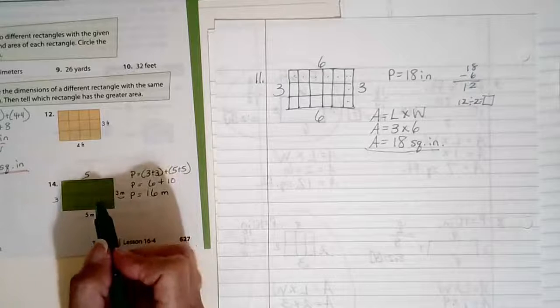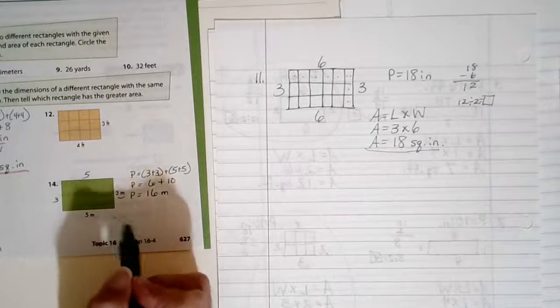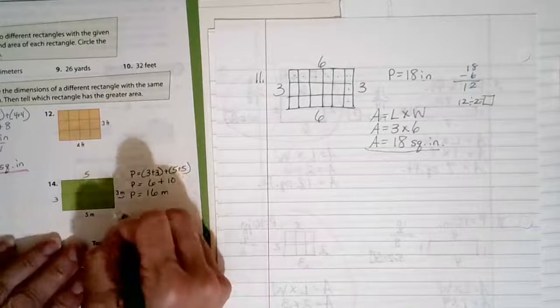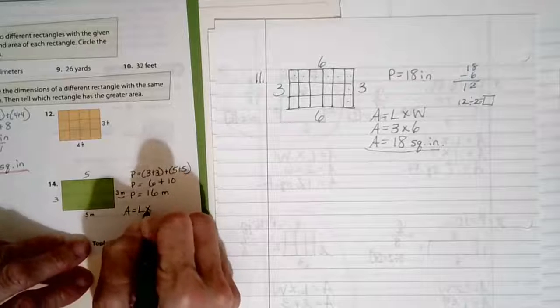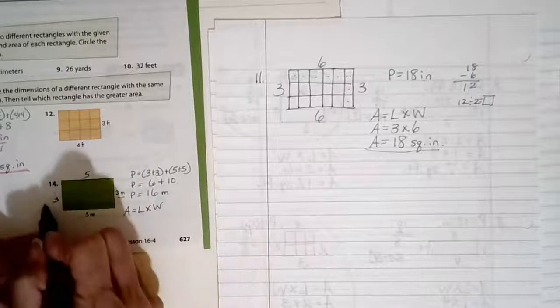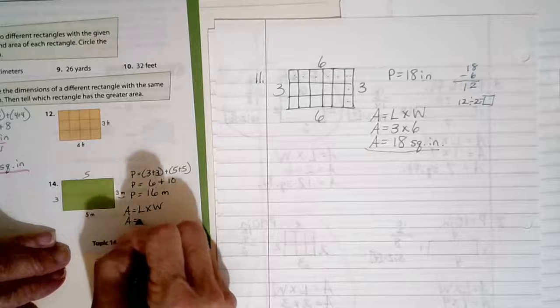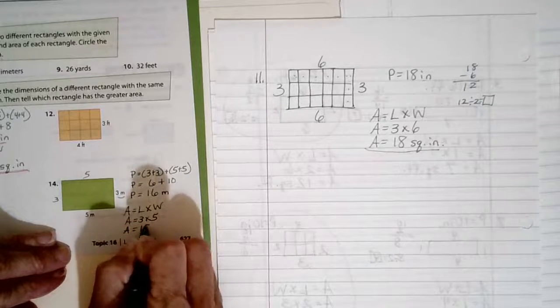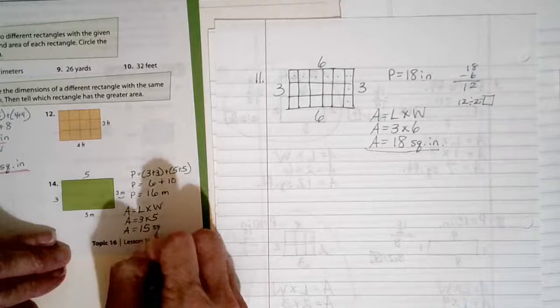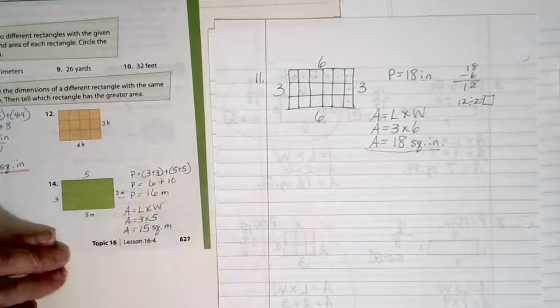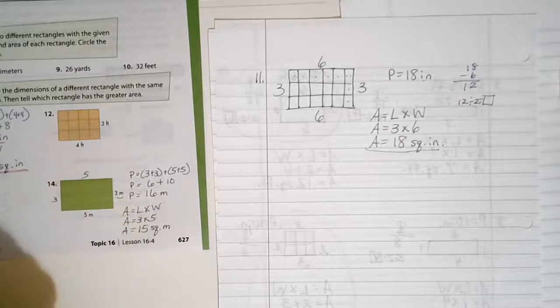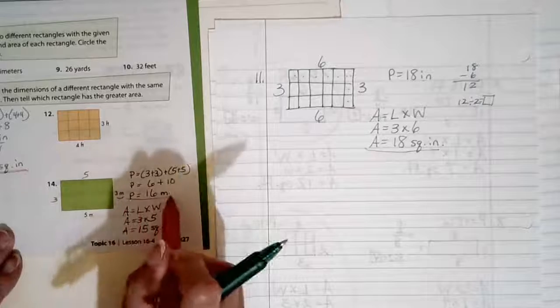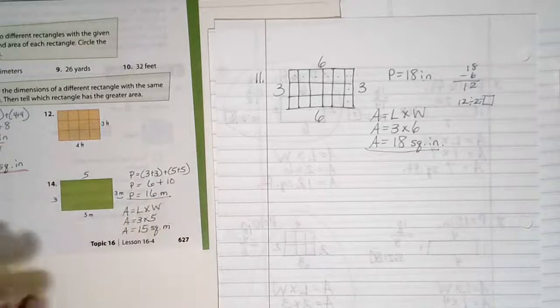So the perimeter for this shape is 16 meters. What is the area? Remember, our area is equal to length times width. 3 times 5. Area equals 3 times 5. So our area equals 15 square meters.